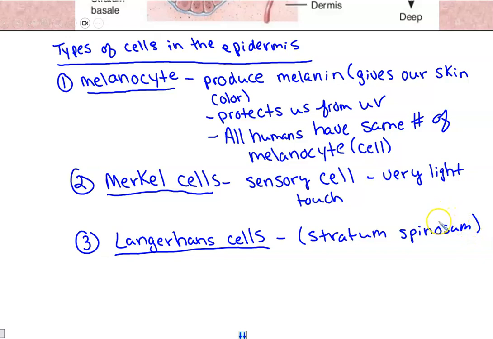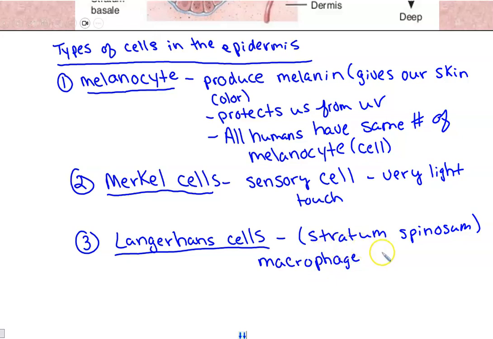What these guys are, they are like a little protective cell, and we call them macrophages. So anytime you see macrophages, think of some sort of cell that's really big that can destroy other cells.